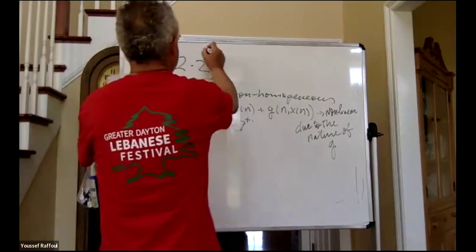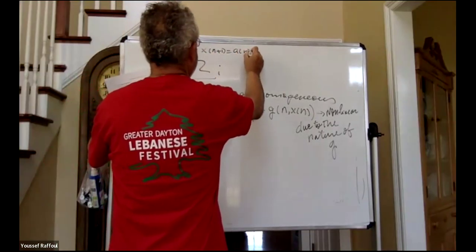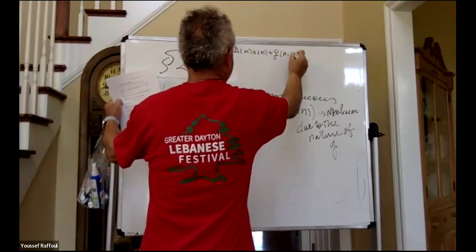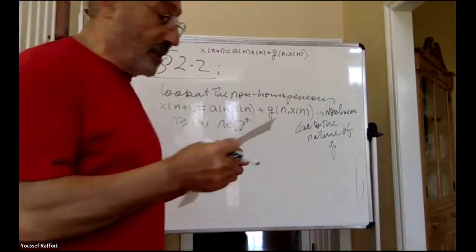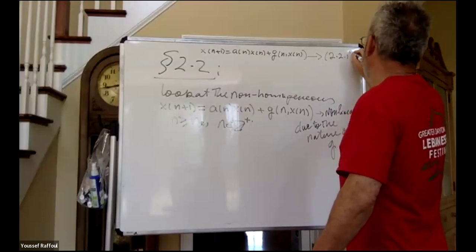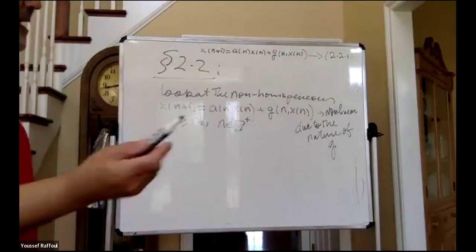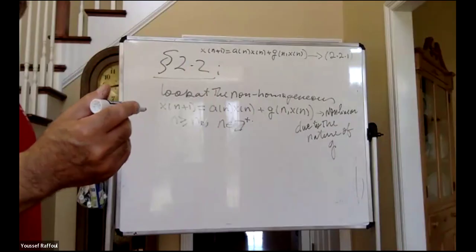So in other words, we're going to look at x_{n+1} = a_n x_n + g_n(x_n). And I labeled this 2.2.1. That is the label. Is the ink dark enough, or should I change the marker?